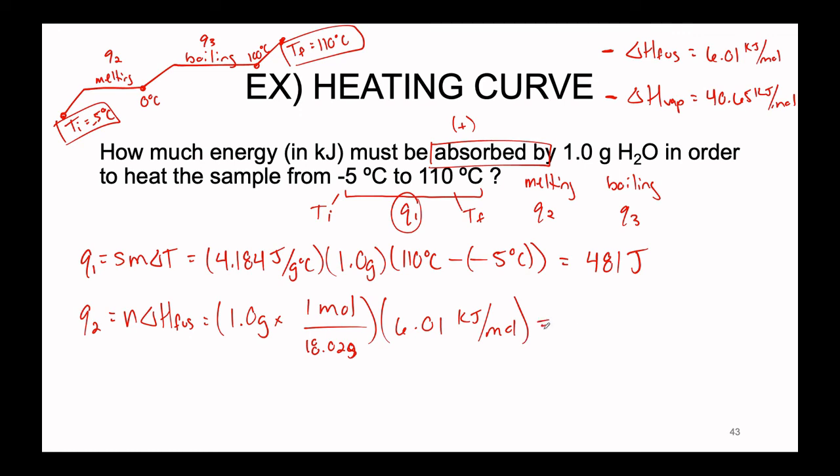All right, we crunch these numbers, finding that grams cancel out, moles cancel out. Our final answer will be in kilojoules in this case, not in joules, which is okay for now. Our answer here is 0.33 kilojoules of heat needed to melt this 1 gram of ice.